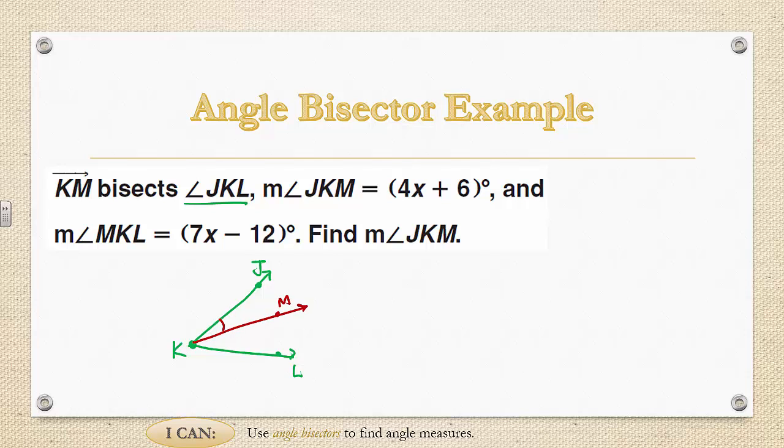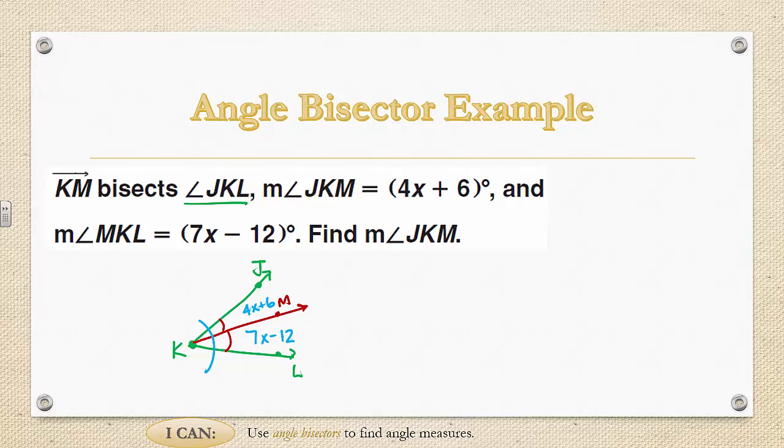So this is equal to this. The measure of JKM is 4x plus 6, and the measure of MKL is 7x minus 12. We need to find this whole thing, JKM. So the first thing we know is that these angles are congruent.